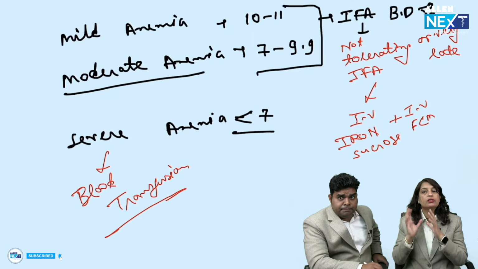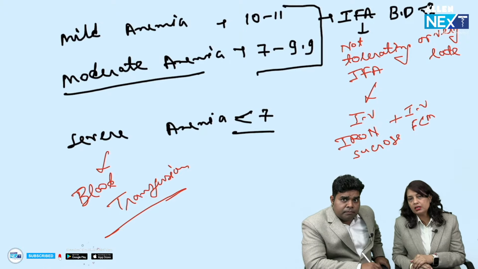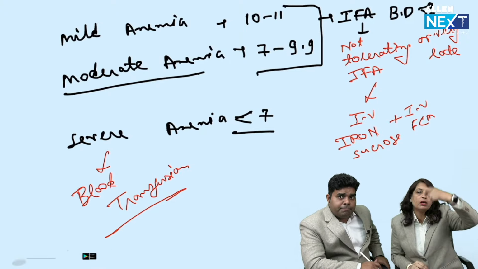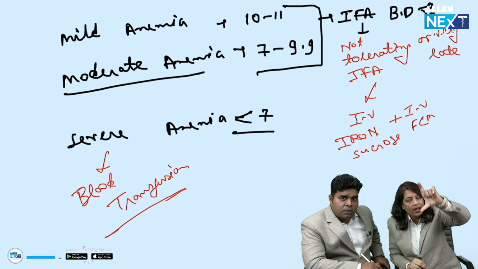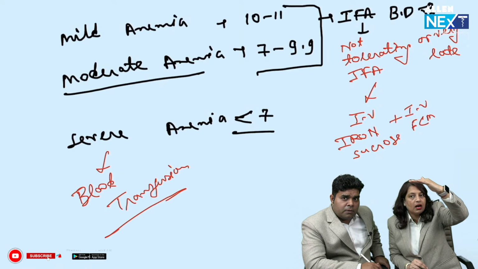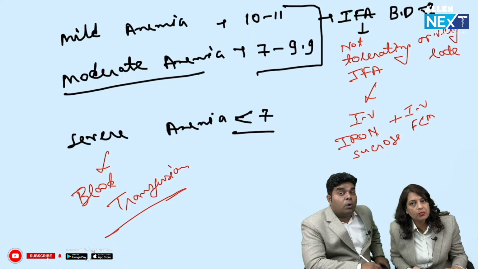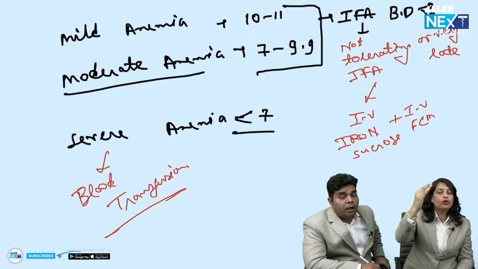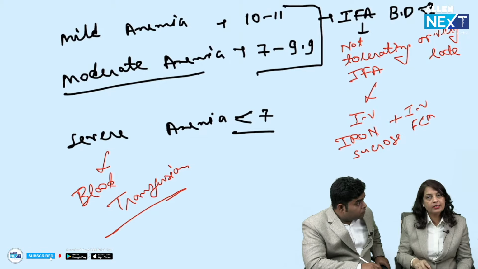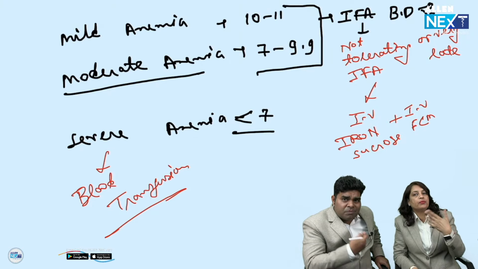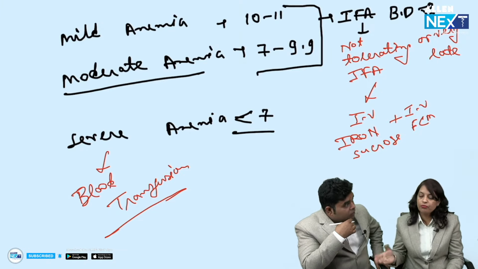If there is no time, or the lab or blood bank is taking time, then you can hang the blood bag and let the RBCs settle down, transfuse only RBCs and discard the plasma. Or if you want to give whole blood, then give 20 milligram of Lasix, the diuretic, so that you can prevent congestive cardiac failure.